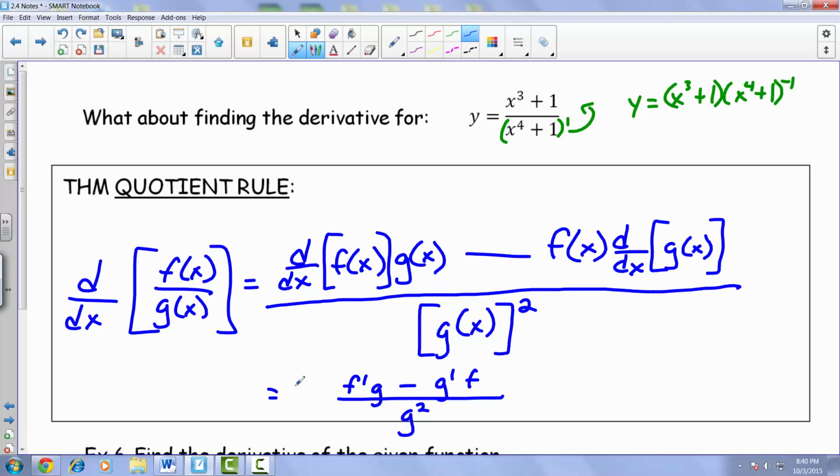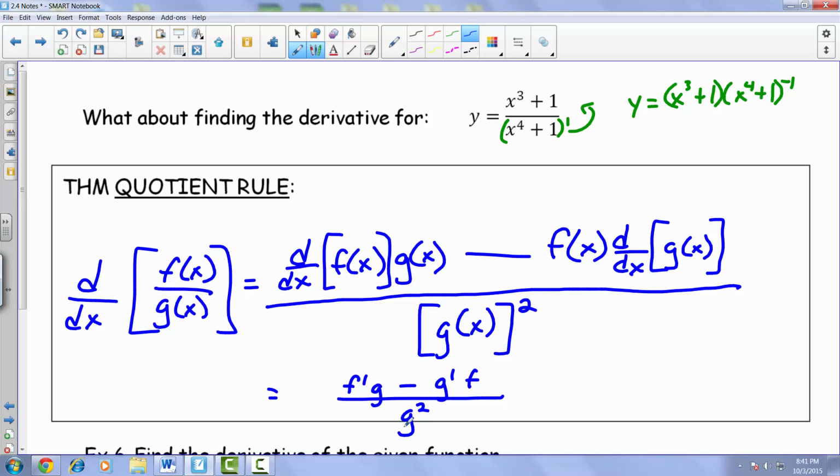Now, someone once told me that when you're trying to use the quotient rule, a little saying that you could use to help you out is low d high. In other words, the low stays exactly the same. D high, meaning you're taking the derivative of the high part, your f function, minus high d low, so your high function, f of x, times the derivative of your low function, g of x, all over low low.